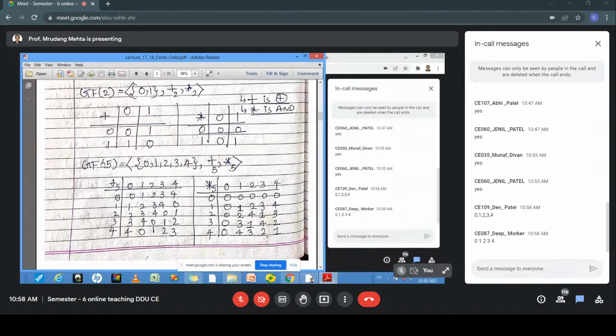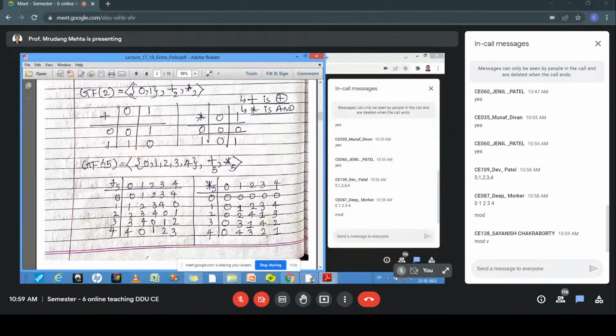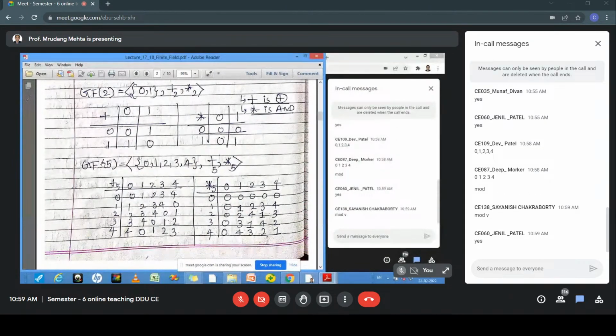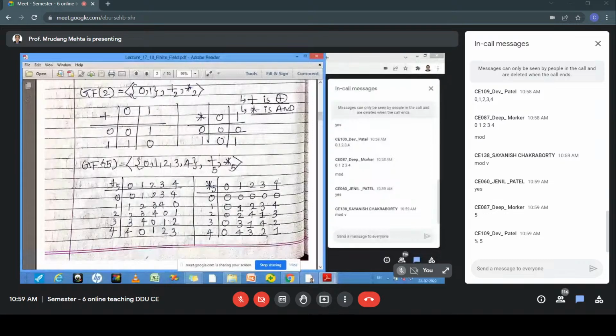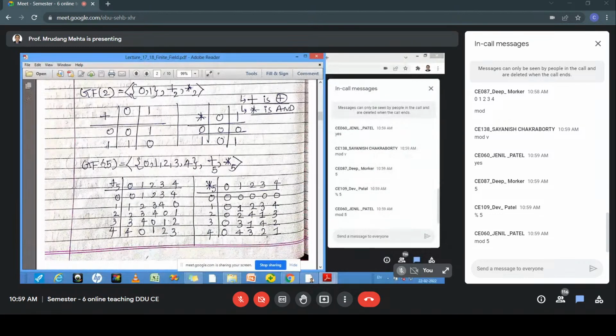And are these 0, 1, 2, 3, 4 mod values, or just some number values? It is mod value. Which mod? Mod 5, right? Mod 5.